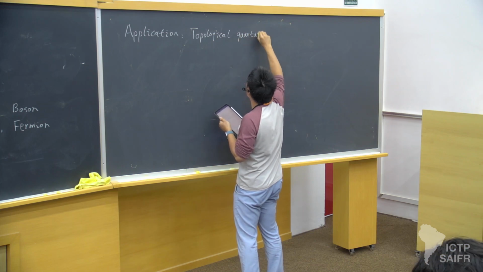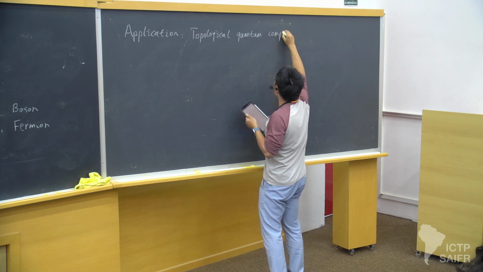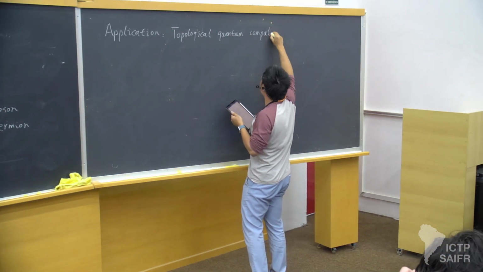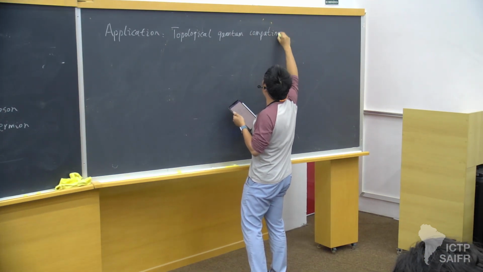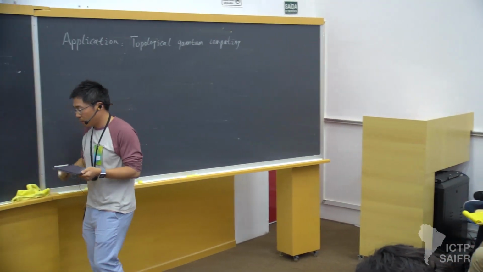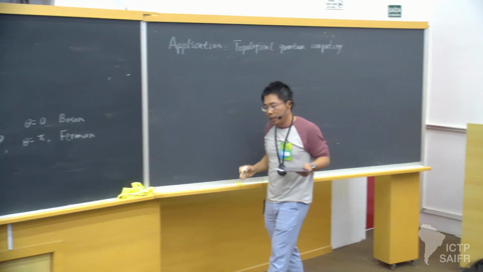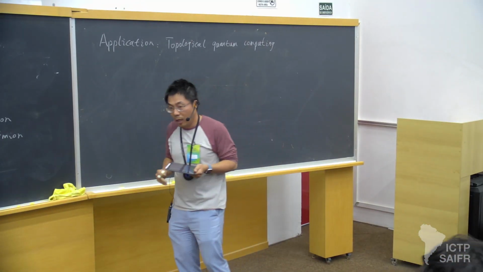The idea is that you make use of the so-called anyon statistics so that you can end up with a quantum computing scheme that is error-free, right? Nowadays quantum computing has become a very popular subject.